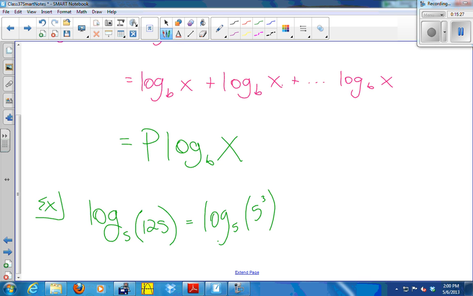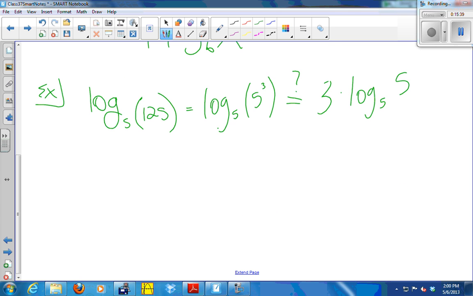Right. My property says that I should be able to write this as 3 times log base 5 of 5. I should be able to take that exponent and put it down in front. Well, log base 5 of 5 cubed is 3. Just lift off the exponent. And log base 5 of 5 is what? 1. So on the right-hand side of this equation, I have 3 times 1 equal.